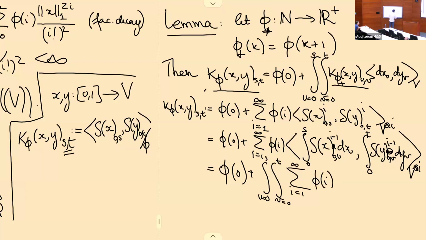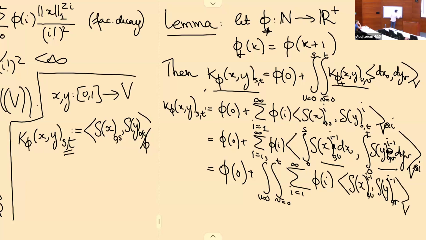phi i. Now let me do a trick, which essentially consists in saying that this is an inner product of two products. This is a product, this is another product, and then I take the inner product of these products. Well, this can be split in the following way. So you have the signature of x 0u at level i minus 1, and then I take the inner product with the signature of y 0v at level i minus 1.